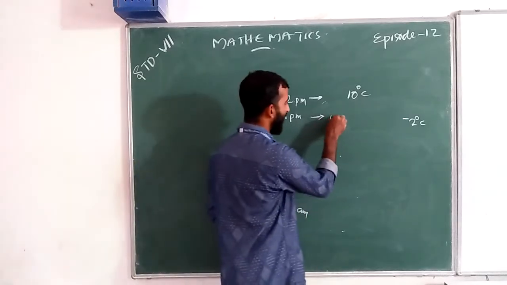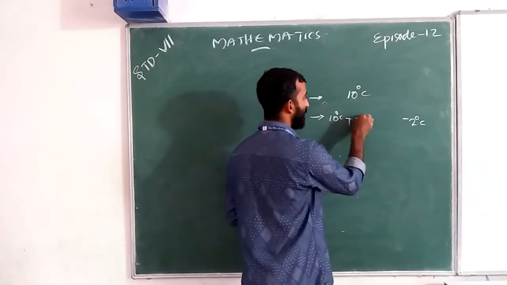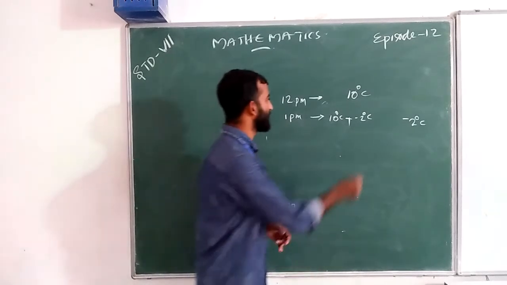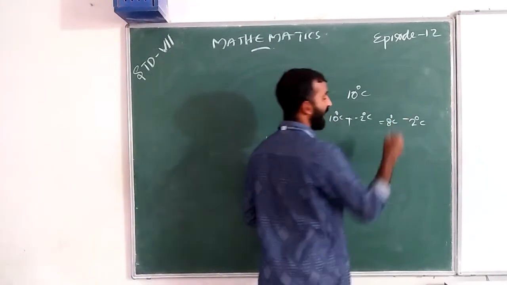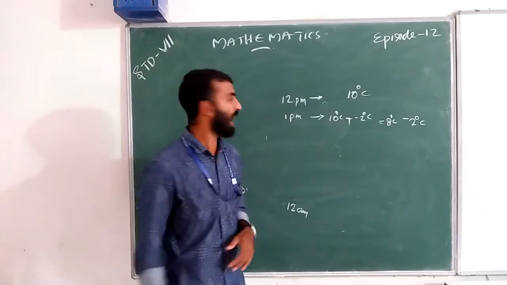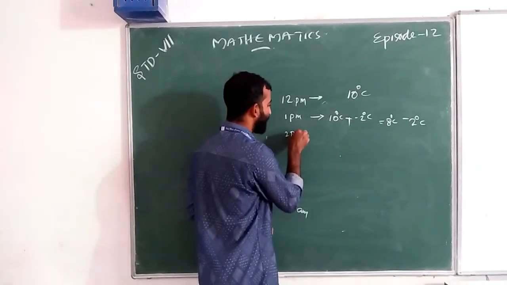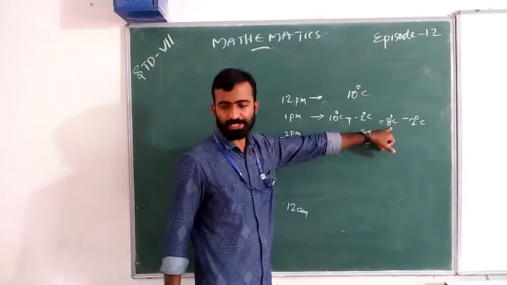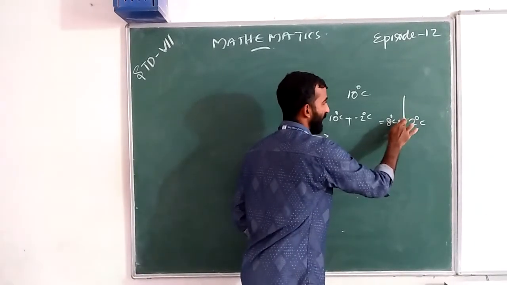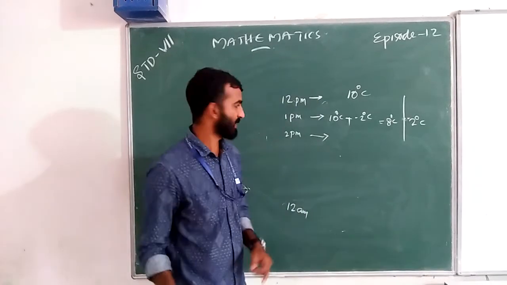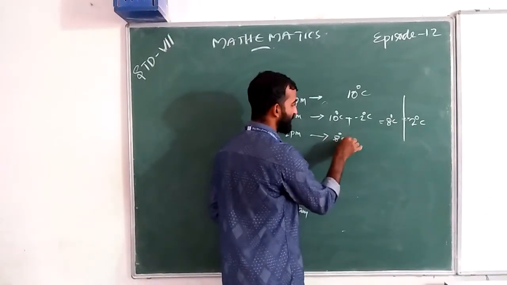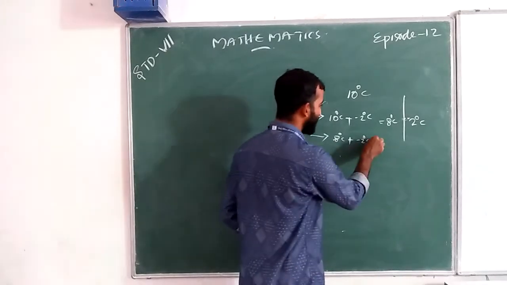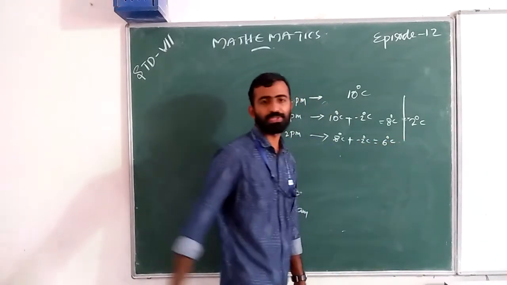That is 10 degrees Celsius plus negative 2 degrees Celsius. We get 8 degrees Celsius. And at 2 p.m., what is the temperature? At 1 p.m. it is 8 degrees Celsius, so 8 degrees Celsius plus negative 2 degrees Celsius, we get 6 degrees Celsius.